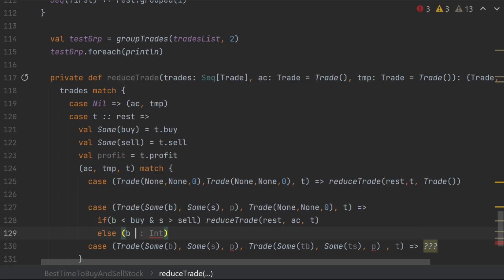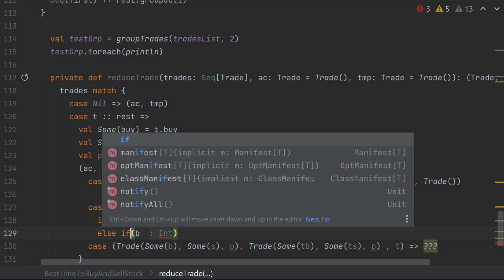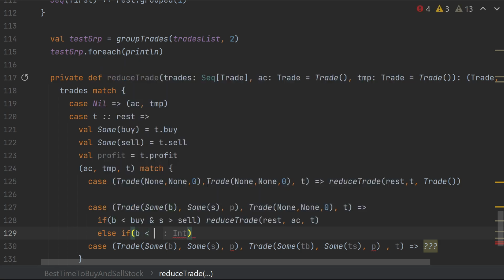Same thing, else if the initial buy is less than the new buy, and we have a sale which is less than or equal to the new sale. Alright, this is the case. So we have a buy, but we have a sale which is trailing behind. So now it is time to make a new trade, or expand the trade, or you can say reduce the trade. So it is going to be rest, and we are going to add a new trade.